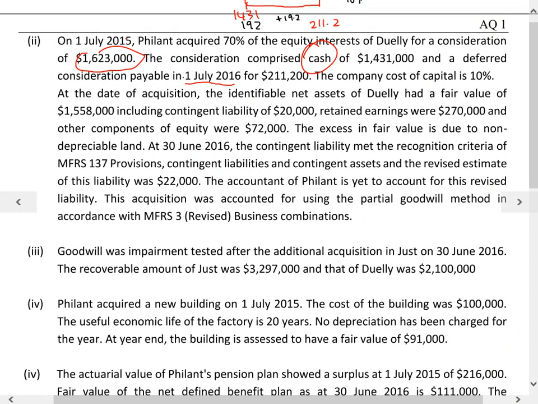At the date of acquisition, note 2, the identifiable net assets of Dually had a fair value of 155, including a contingent liability of 20, retained earnings 27, and other component. Okay, this one we're going to do.